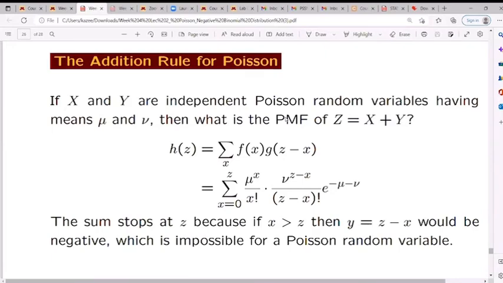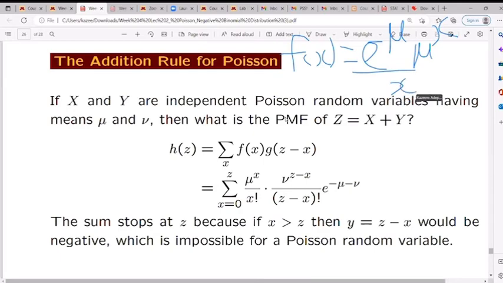The f of x is Poisson, so I'm going to have exponential raised to power minus mu, mu raised to power x over x factorial. For the one for y, we have f of y equal to exponential raised to power minus v, v raised to power y, divided by y factorial.